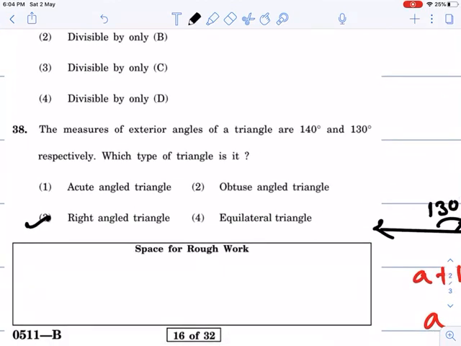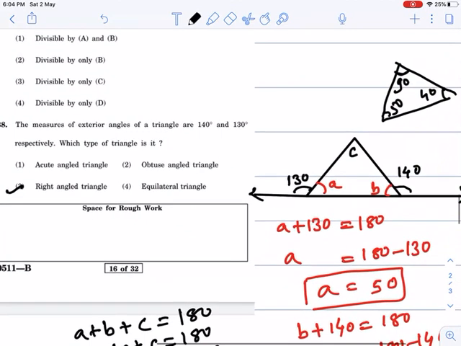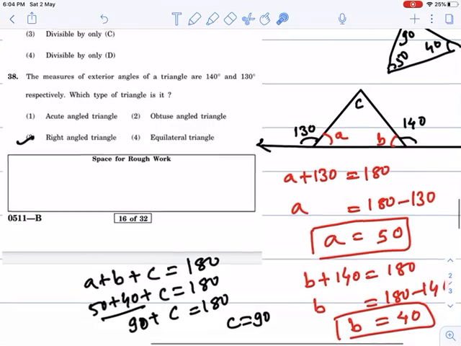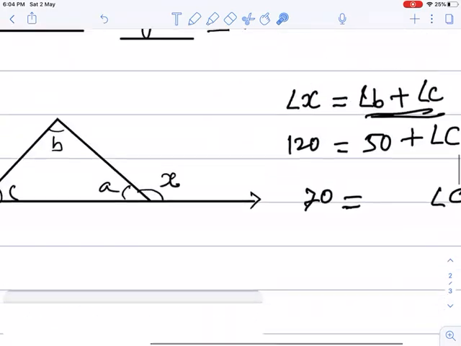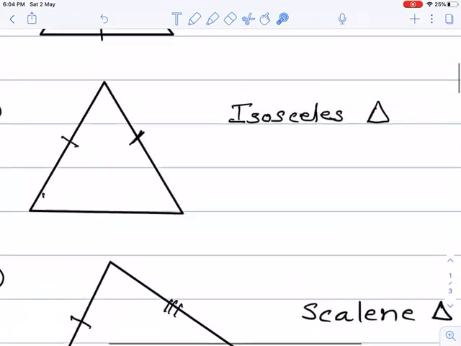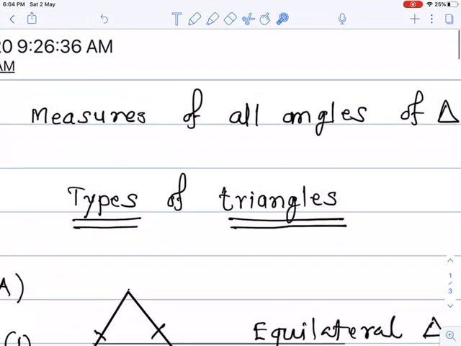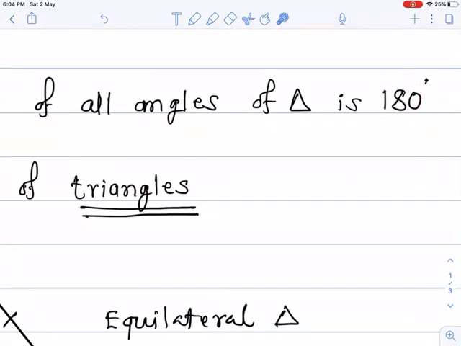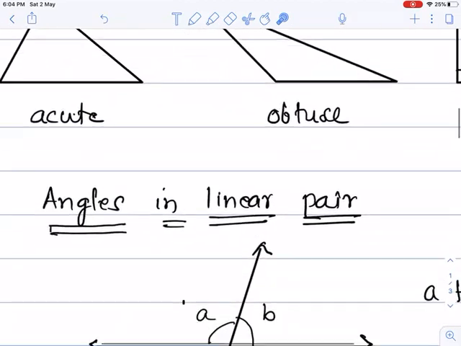So here we have used many properties. Which properties? One property is that the sum of the measures of all angles of a triangle is 180. That property we have already studied. So this property we have used.